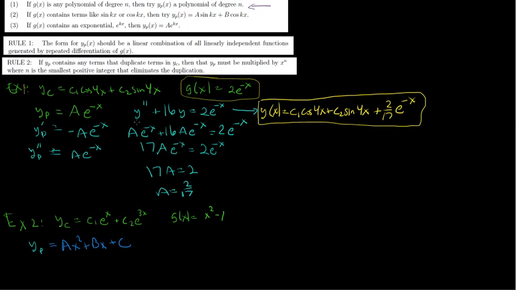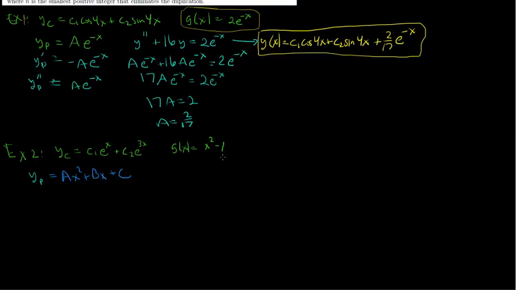Right. So let's go on to a maybe slightly harder example here. So example 3. Suppose the complementary solution, and let's just make it, how about c1 cosine x plus c2 sine x, and then g of x is, so how about x cubed e to the negative 2x.